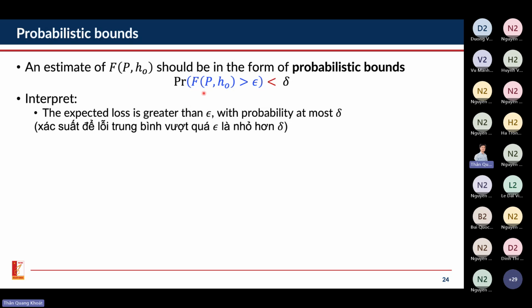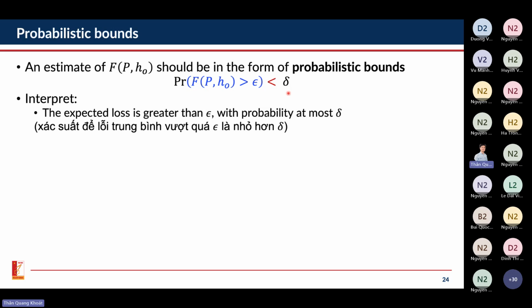So essentially, we can borrow some ideas from probability. That is, we want to make a statement like this. We want to show that the probability that the population error is larger than epsilon should be less than delta, okay?